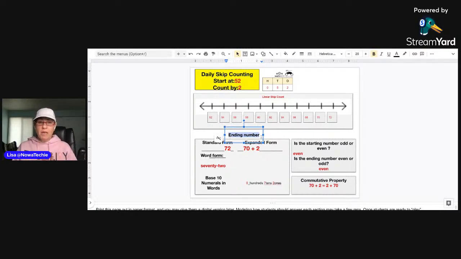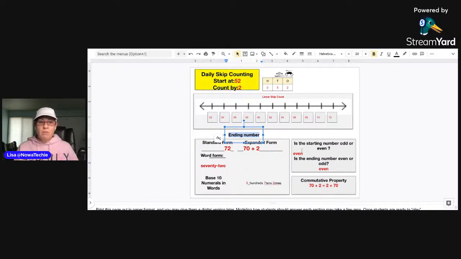So you're going to be working with the ending number on this one. If you don't want to do that and you want it to be the start number, go ahead, make a copy, and then just put start number and do it that way. I'm good with that. Whatever makes sense for you and allows your students to have success is what we want, right? Like it's all about student learning.